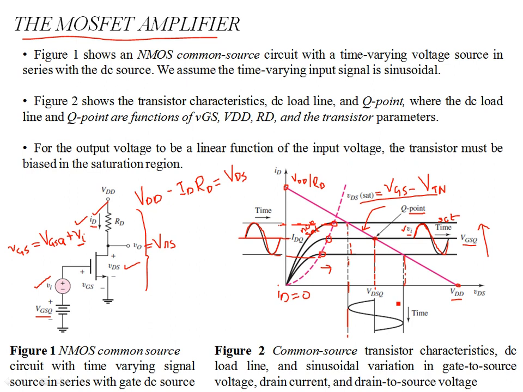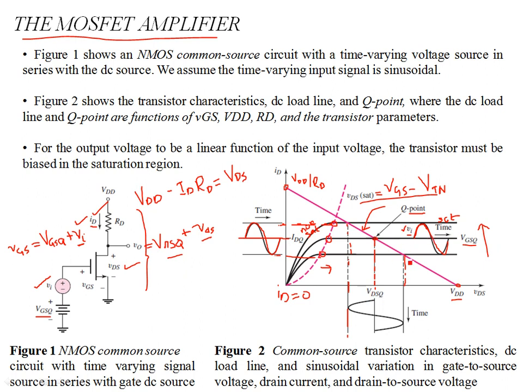By linear amplifier, it means you don't have any harmonics. The frequency of the input voltage and the frequency of the output voltage VDS are the same. VDS has a Q component, a quiescent DC component, and a small signal AC component which is varying with time, just like current has that, and just like your gate voltage has that.